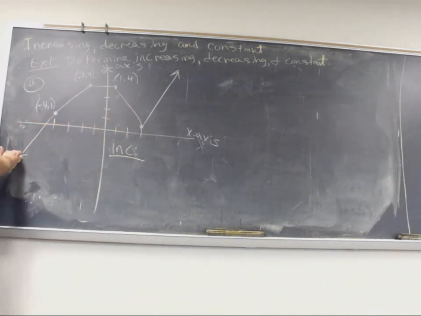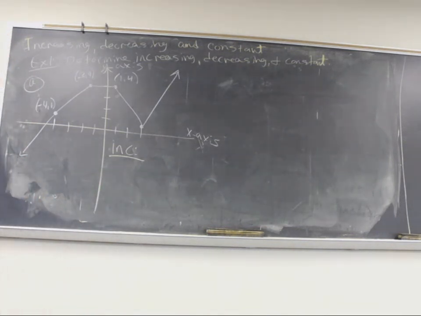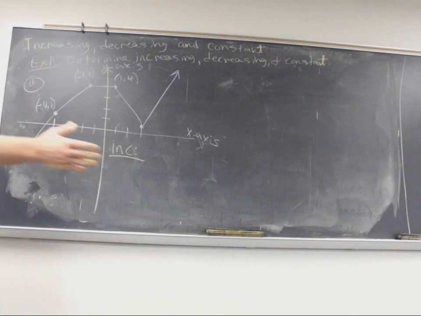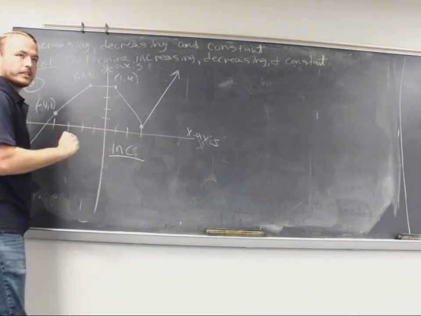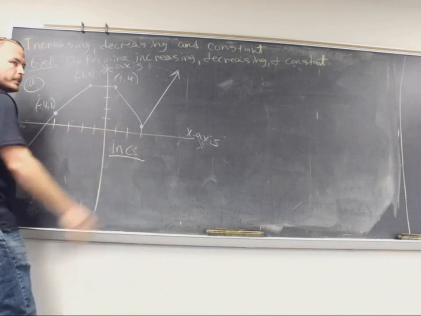Here's my increasing portion. Where does it start increasing? Something I failed to go over just now is that when we write what's increasing and decreasing, we use the x values, not the x-intercept.